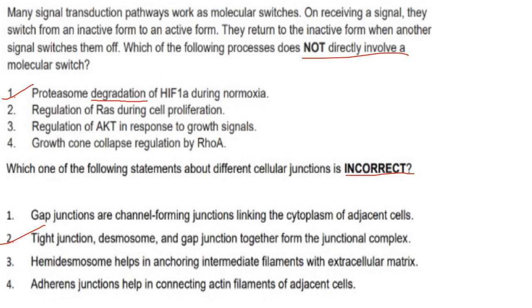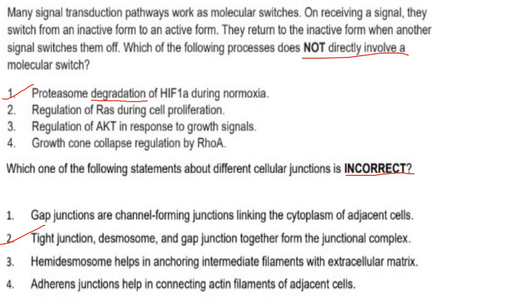Similarly, there are some other molecules which when phosphorylated become active, and in the unphosphorylated state become inactive. They return to the inactive form when another signal switches them off. Which of the following processes does not directly involve a molecular switch?